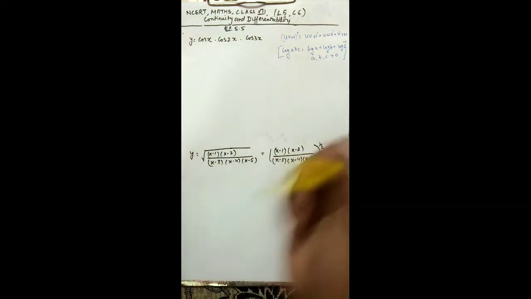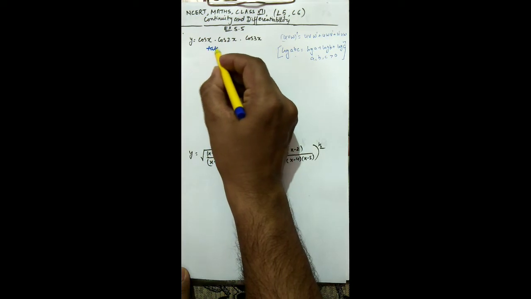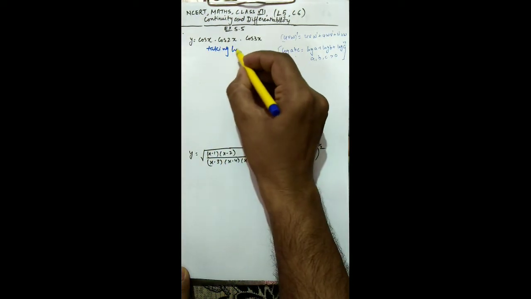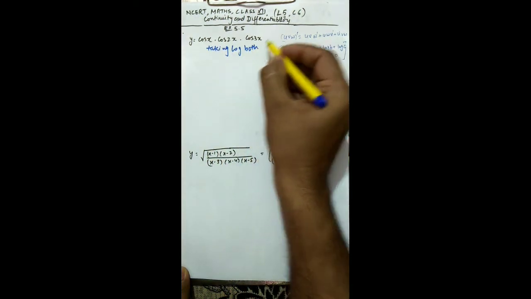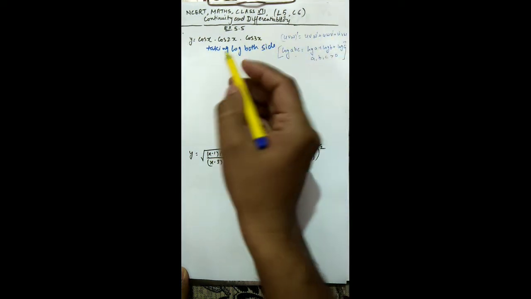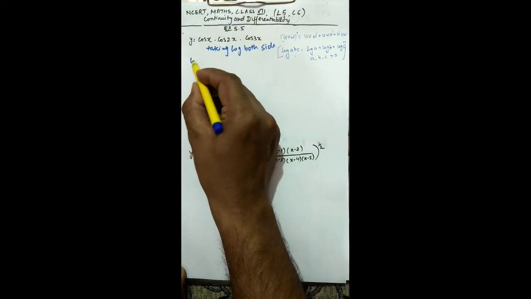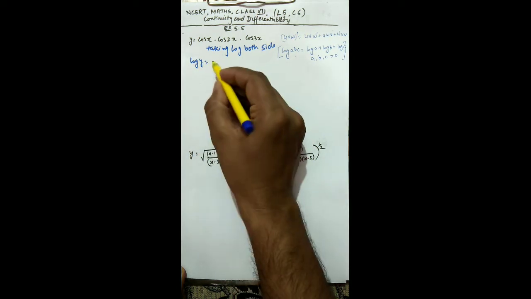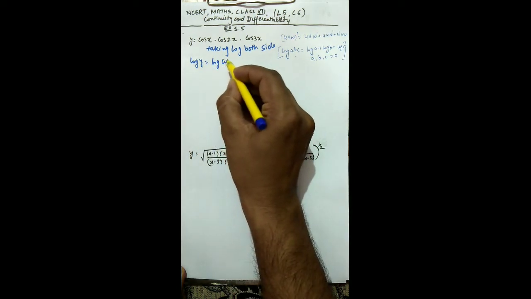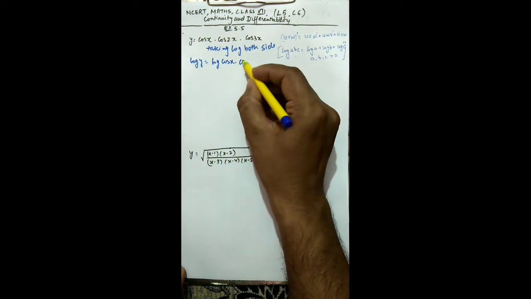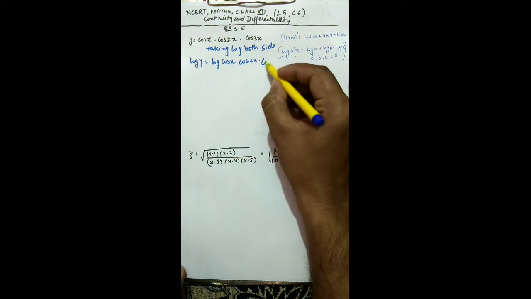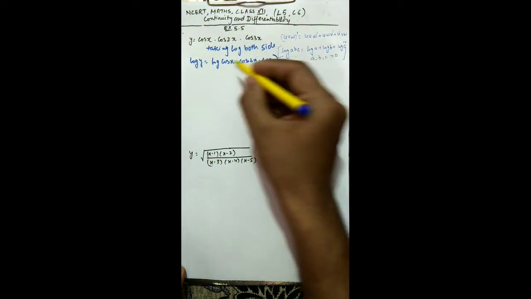So we'll write this, taking log on both sides. So this will become log y equals log of cos x into cos 2x into cos 3x.